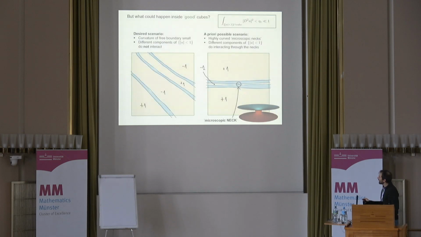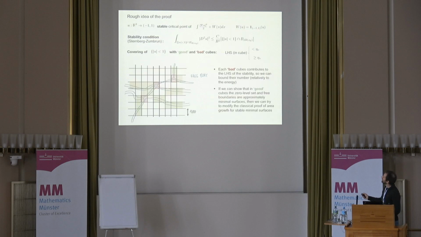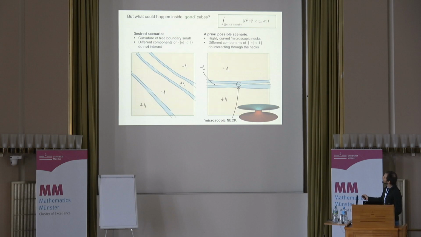Each neck contributes to the left-hand side of the stability inequality. In 2D, it's critical, so each neck contributes like a unit of energy. So in 2D, you would not have too many necks. But when you are in 3D, a neck of size delta contributes delta to the left-hand side of the stability.